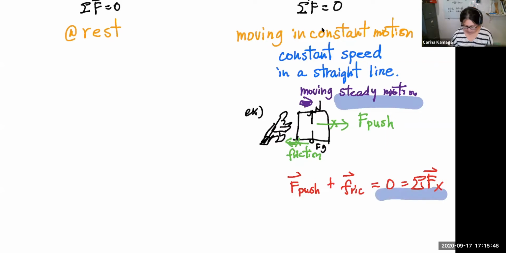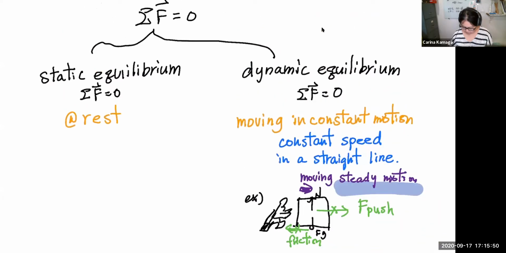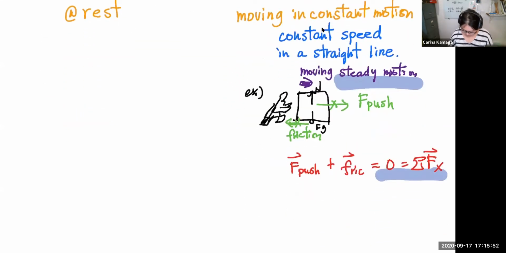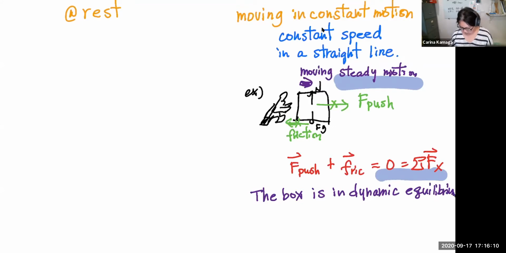So it's in dynamic equilibrium. The box is in dynamic equilibrium.